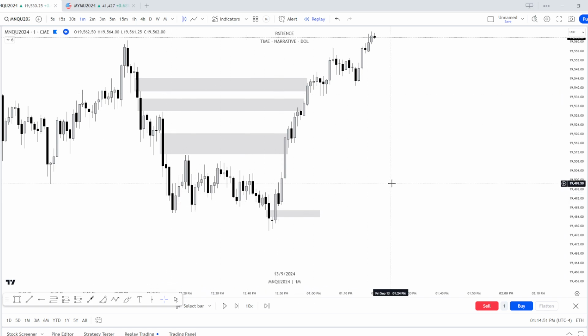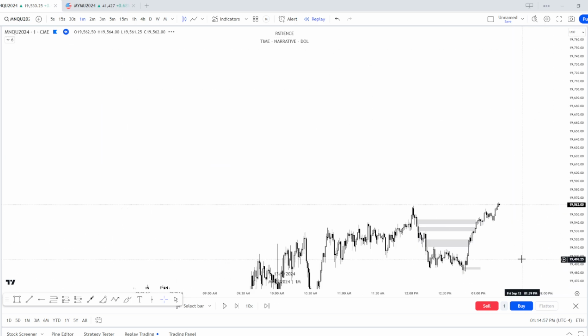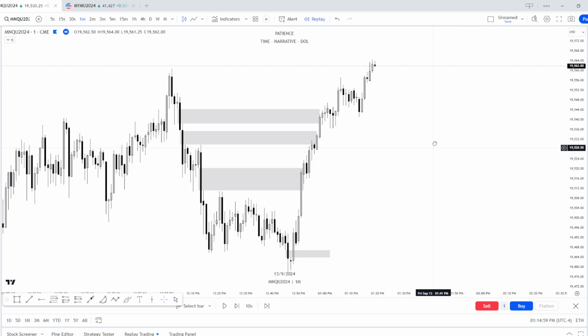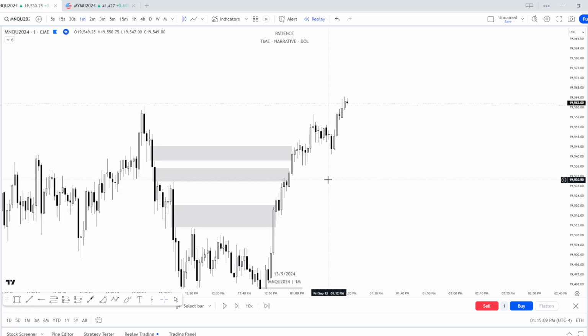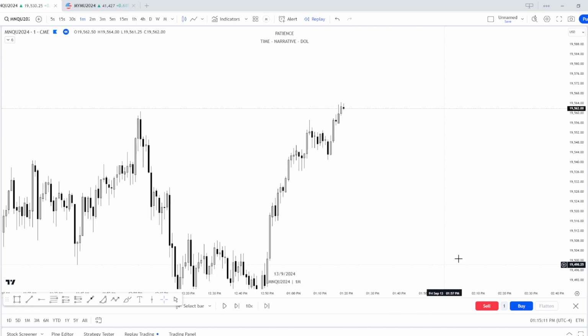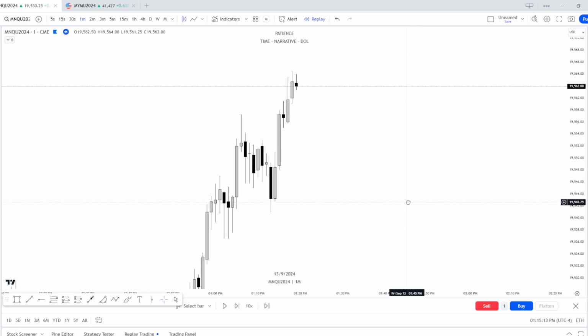So that's what inverse fair value gaps are. Like I said, very simple. I don't actually have the diagram up anymore, but it's just: if you have a bearish one and it fails to hold, then we would expect price to go higher. If you have a bullish fair value gap and it does not hold, then we would expect price to go lower.